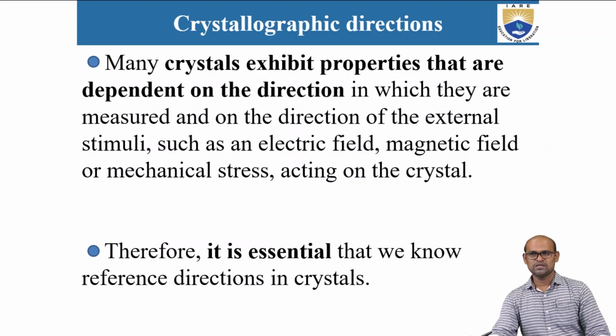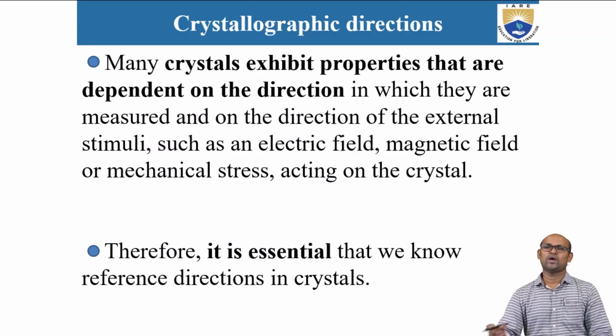Whatever external stimulus you are applying, you should know along which direction you are applying it, and what is happening in the crystal in other directions, or along the same direction in which you have applied the external stimulus.